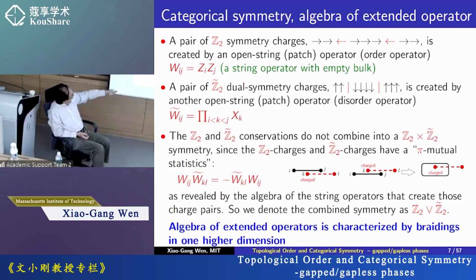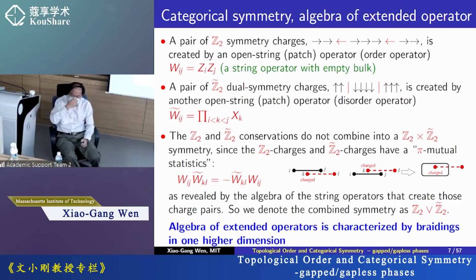However, we can view the different order of applying the operators as the time direction. So for these two different orders of multiplication, the vertical is the time direction. Comparing these two pictures, because this end can annihilate, we get a loop going around the charge. That's like a braiding.